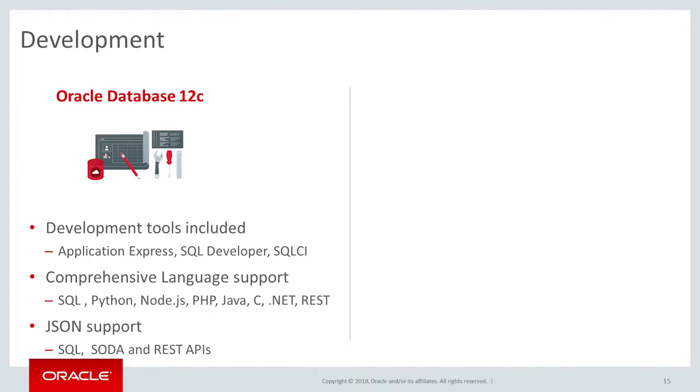The database has always done and will continue to support all popular development frameworks out there, from the SQLs, the REST, the Node, the Pythons, the PHPs, Javas, and so forth. And as I mentioned earlier, we introduced support for JSON in the database, not just the storing of that data and accessing it through APIs, but also gave customers the ability to access that using SQL.